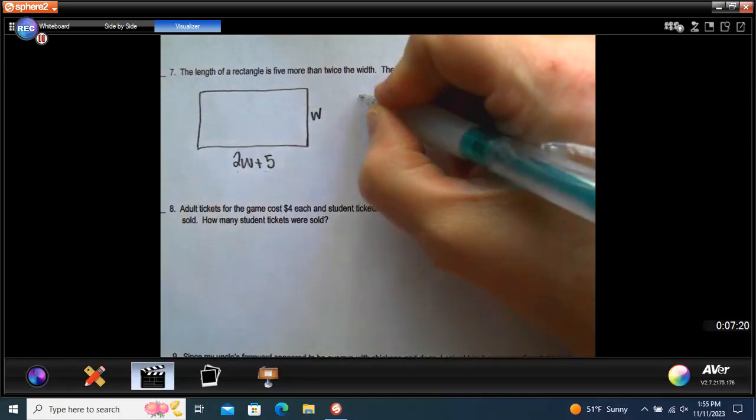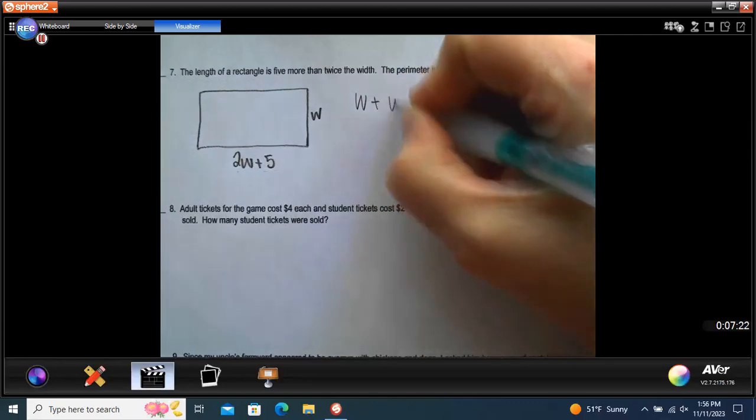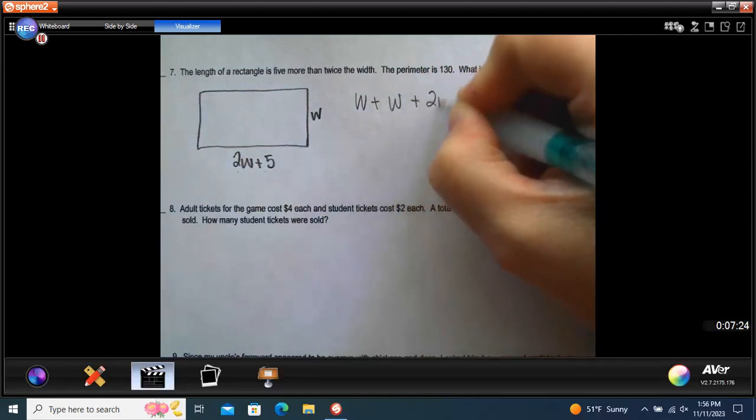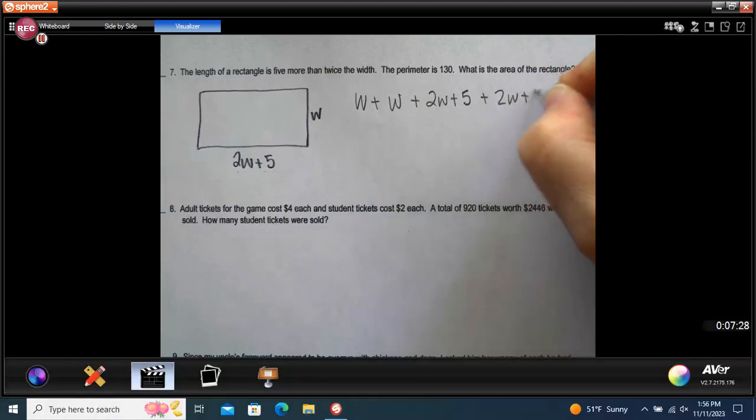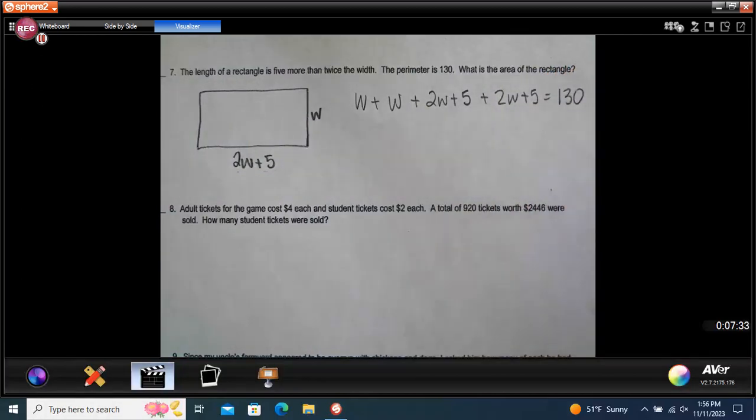So W plus 2W plus 5 plus 2W plus 5 is 130. Okay, because that's what I would add together for the perimeter. I would add each side in there. So I wouldn't do 2 variables, 2 equations there. I would do just what I did.